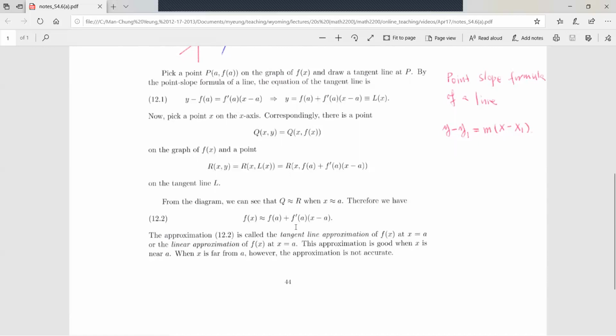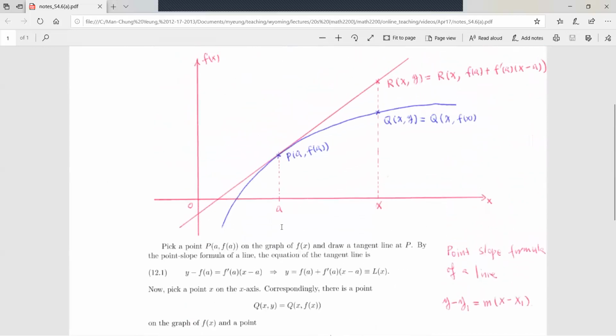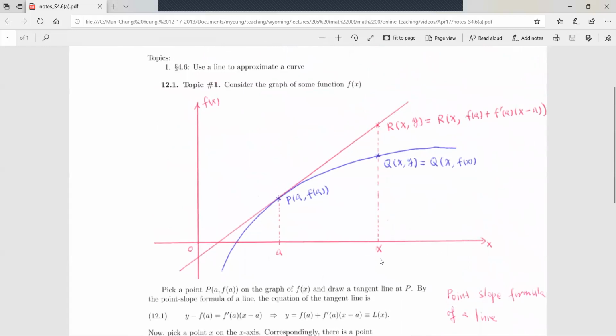This approximation is good when x is near a. However, when x is far from a, this approximation is not accurate. This is easy to see from this diagram. When the two points are far away from each other, point R and point Q are far from each other.